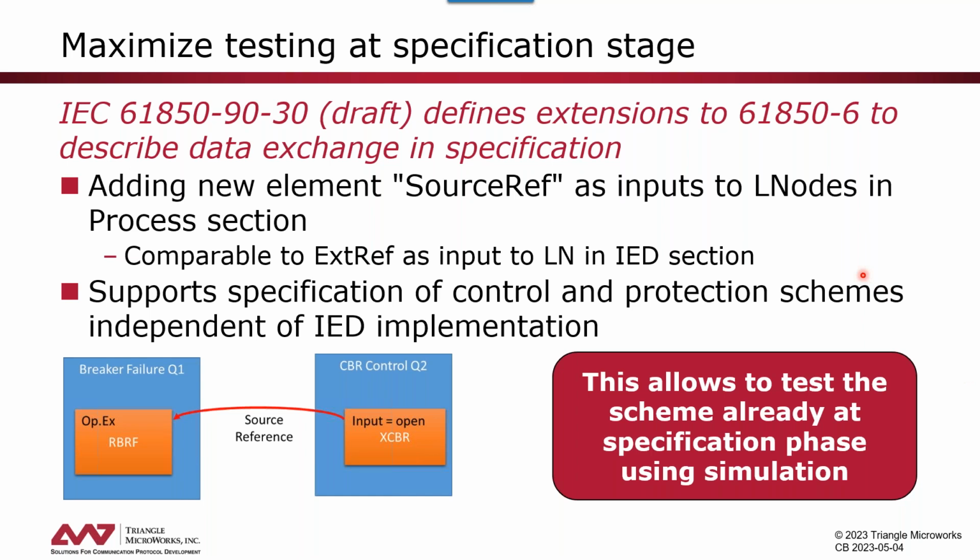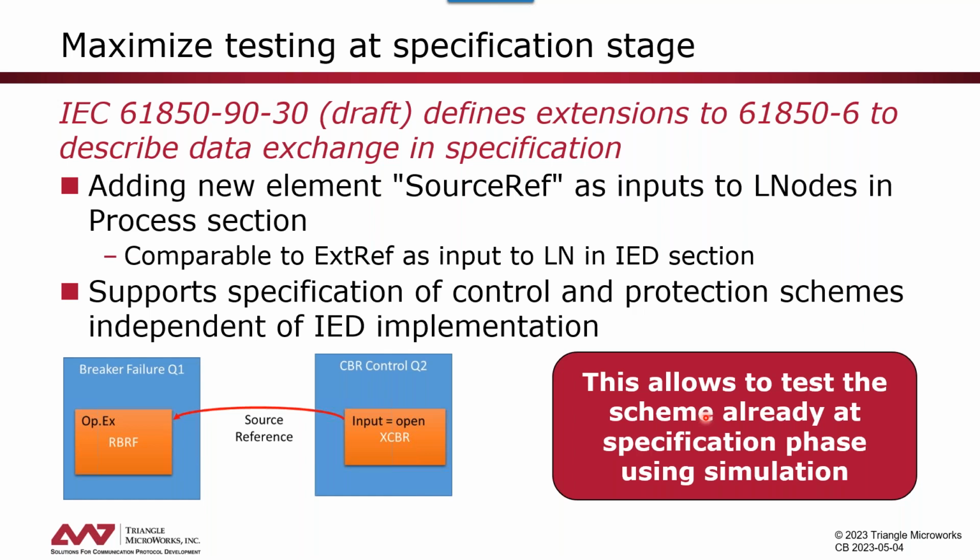What we are adding currently to 6150 is that already at the specification stage, when we define the logical nodes that we require for our functionality, we can define what we now call a source ref, which basically explains how the different logical nodes or functional elements should interact. This then allows us to test the schema already at the specification phase, before we have configured any communication, and before we have allocated any IEDs.